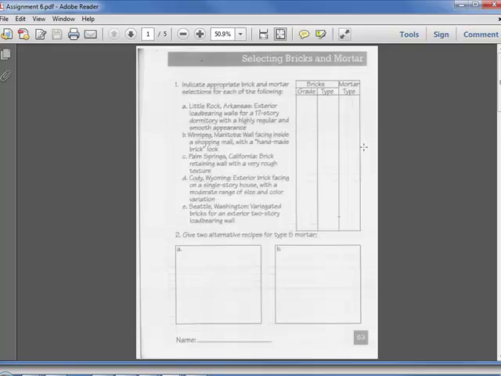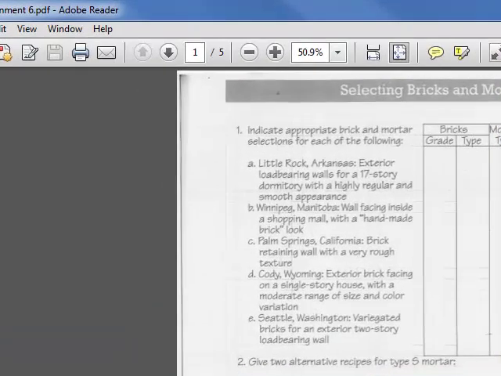No, wait. I guess it's all kind of on that page. So let's just look at that.